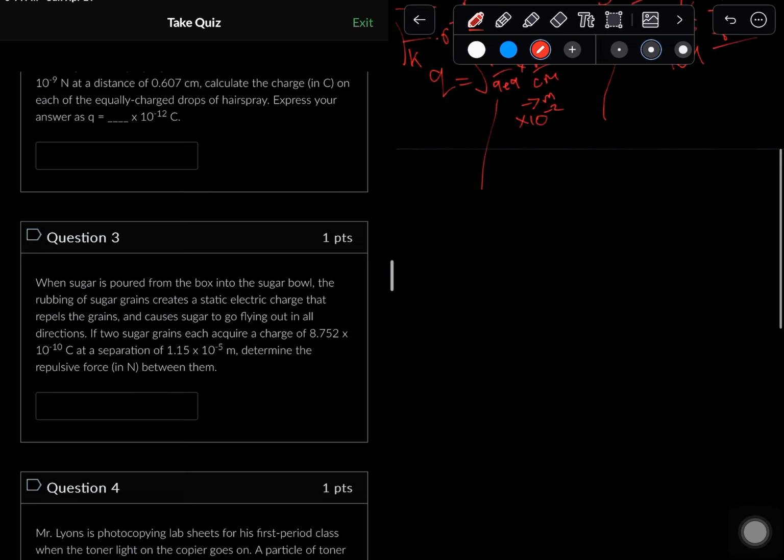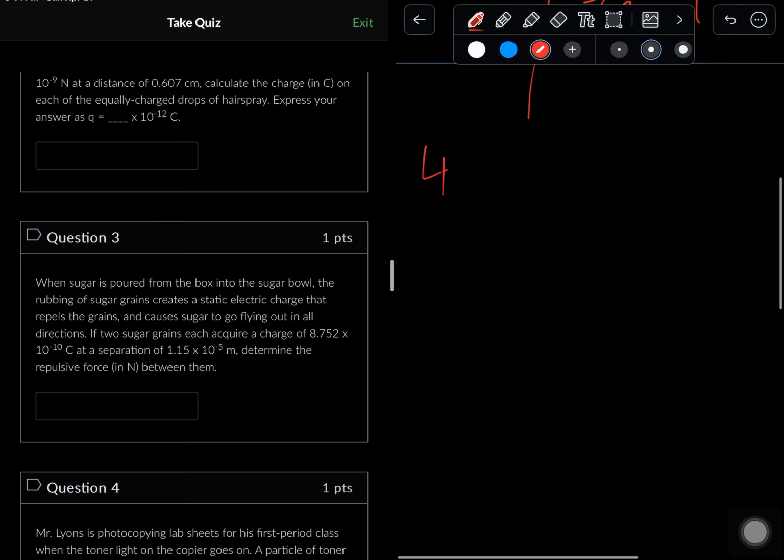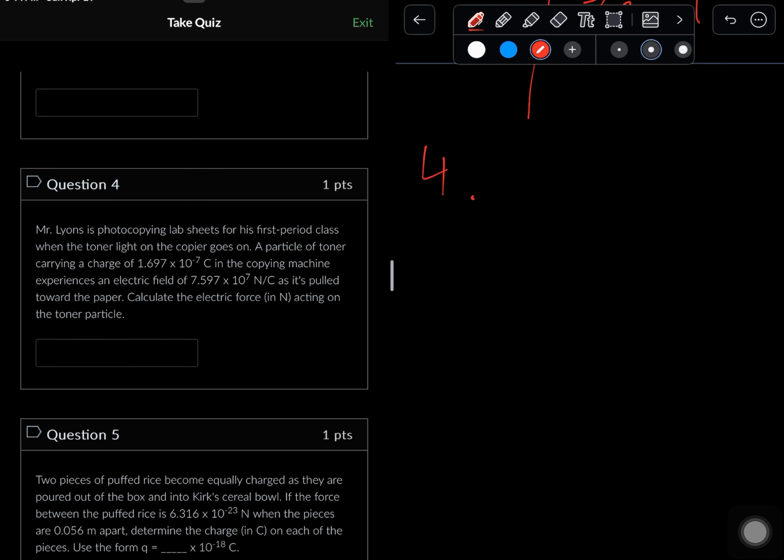Question number 4. Question number 4 states that Mr. Lyons is photocopying lab sheets for his first period class. And a particle toner has a certain charge. It's copying with an electric field of a certain strength, and you want to find the field force.